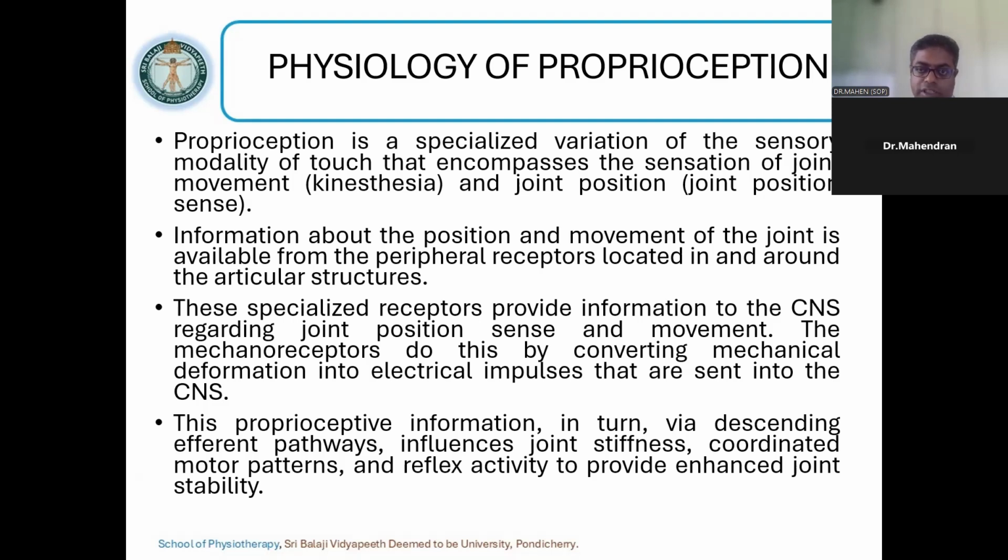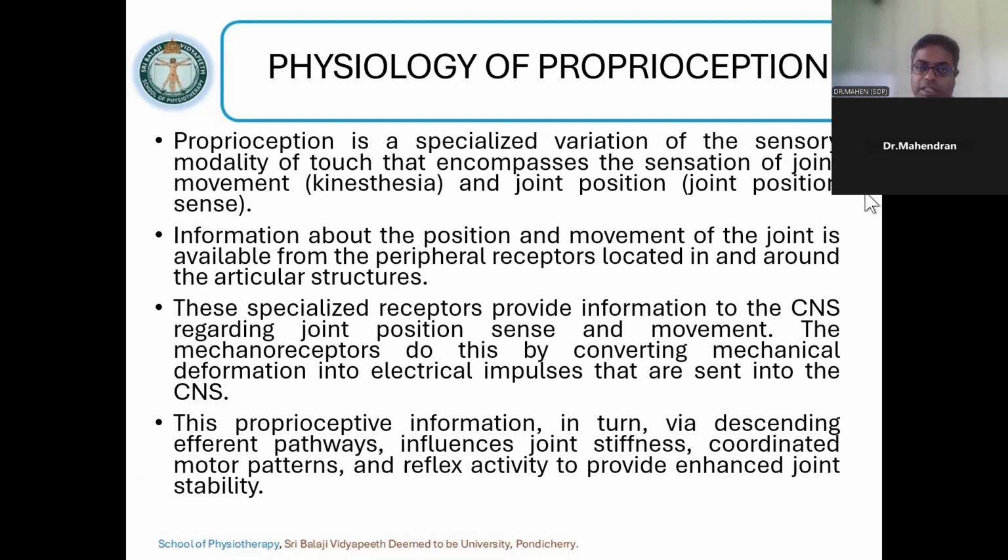They are not only located in the articular areas, but also the extra-articular areas. So these specialized receptors provide information to the CNS regarding joint position change and movement. These mechanoreceptors do this by converting the mechanical deformation into electrical impulses that are sent to the CNS.